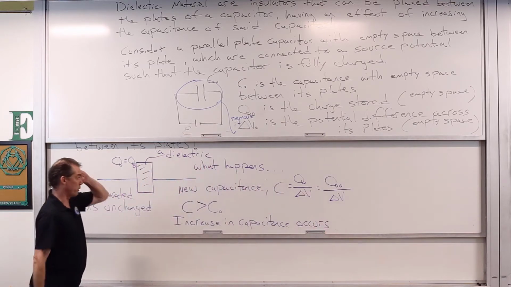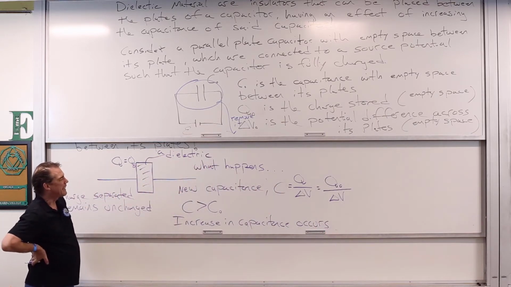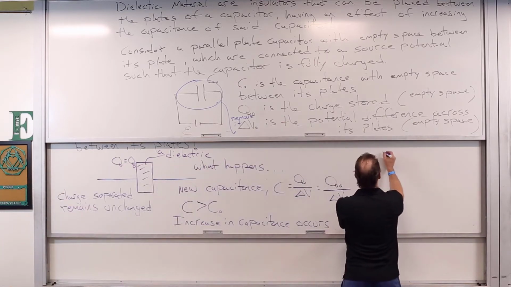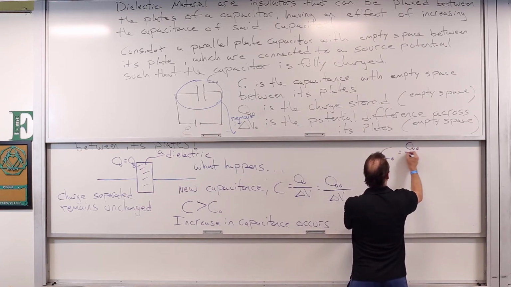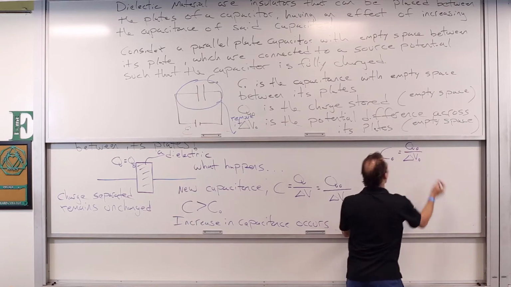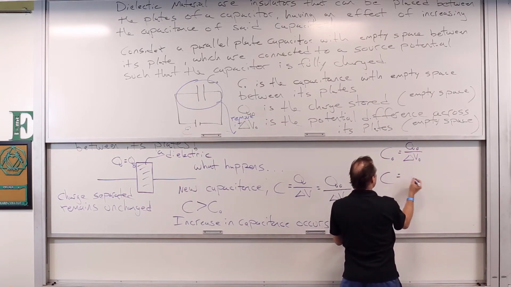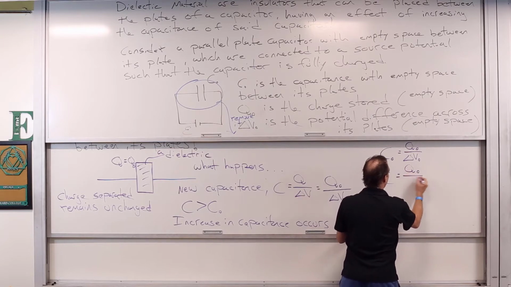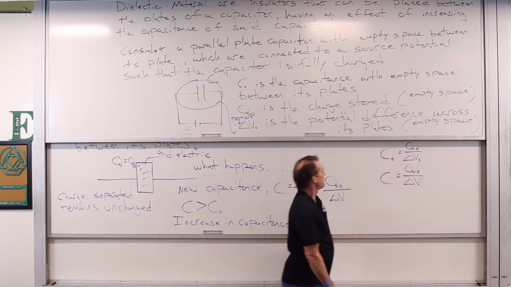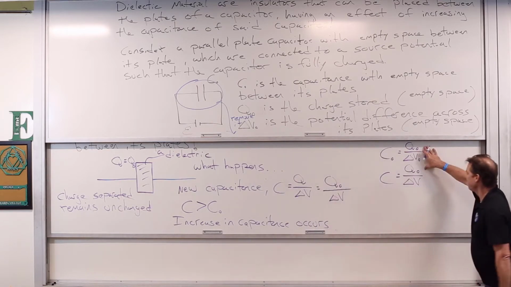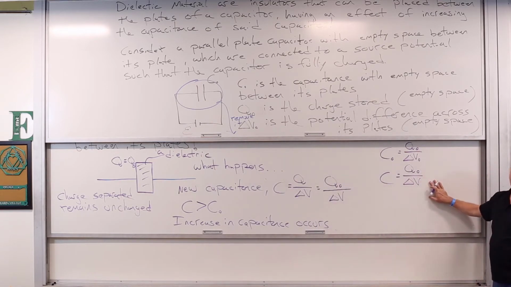in capacitance occurs. So what does that really mean in terms of before? Well, before we had C0 equal to Q0 divided by delta V0. Now we've got C, the new capacitance, equal to Q0 divided by delta V. Well, if we get a new capacitance but we keep the charge the same, that means that the potential difference has to change, right?